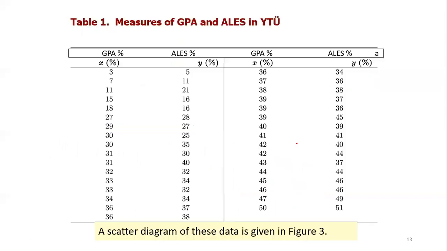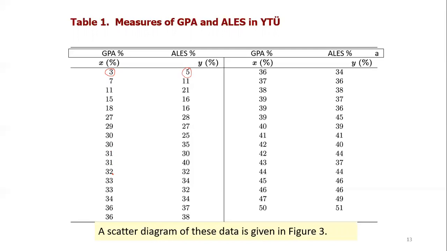For example, look at this one. This is the first guy. His GPA is in the third percent, 3% of the whole students in, let's say, the engineering faculty, and his ALES score is in the 5% of overall engineering students in the exam.